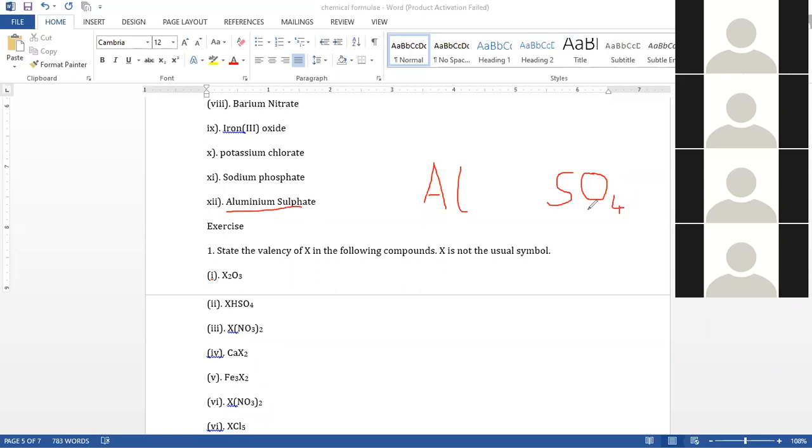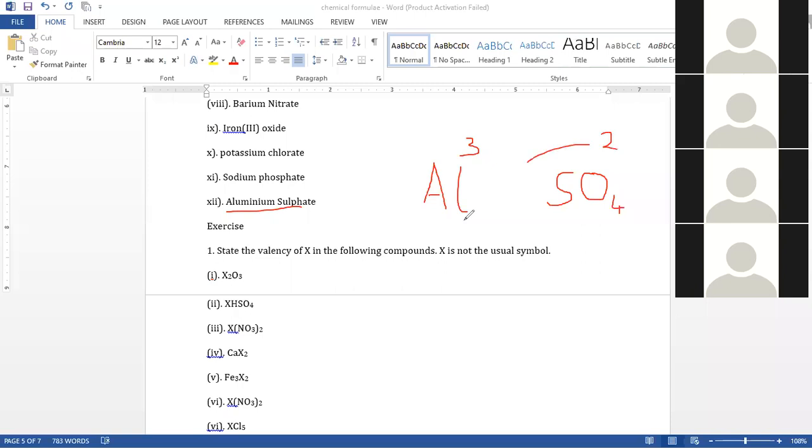We now have what we need, aluminium and sulfate. So let's check in our tables. What is the valency of aluminium? 3. Thank you. What is the valency of a sulfate? Let's open those tables of radicals. 2. What is the valence of a sulfate? 2.